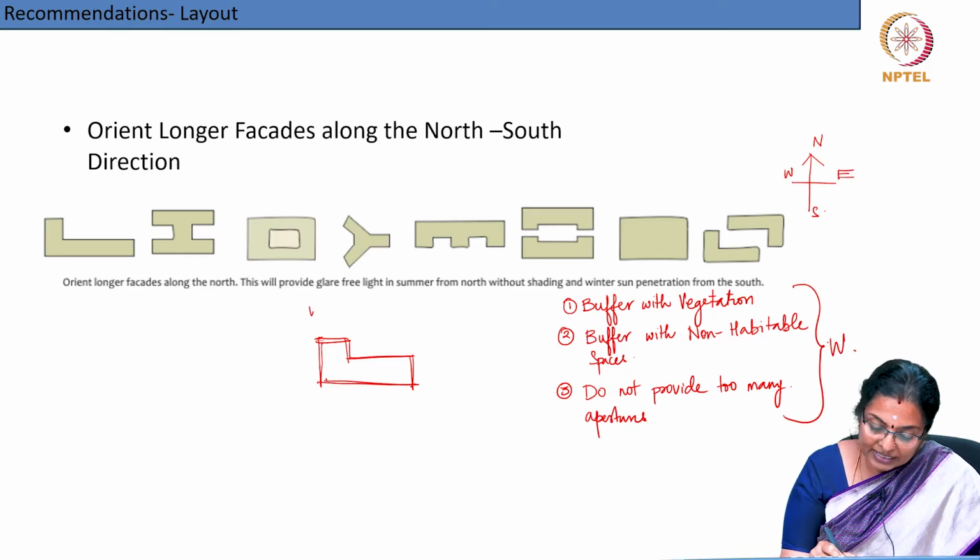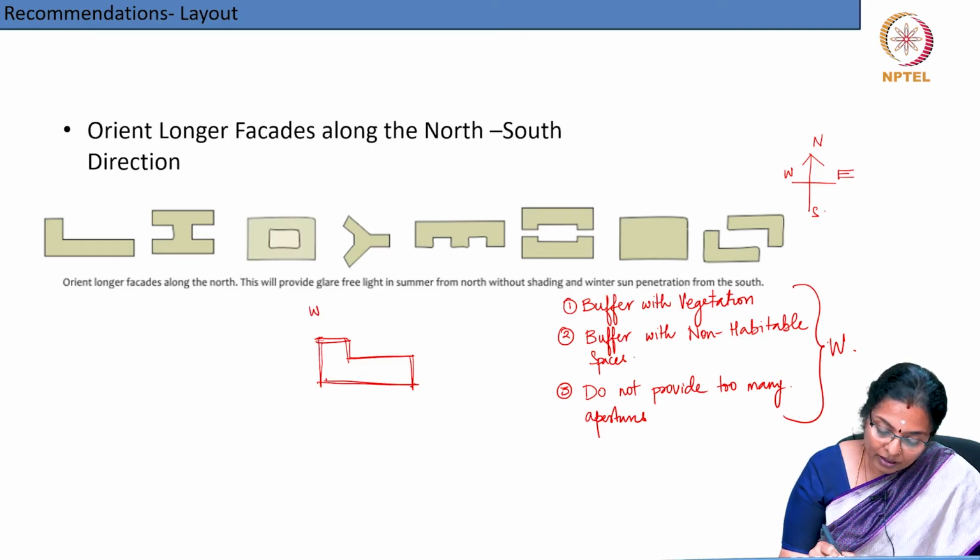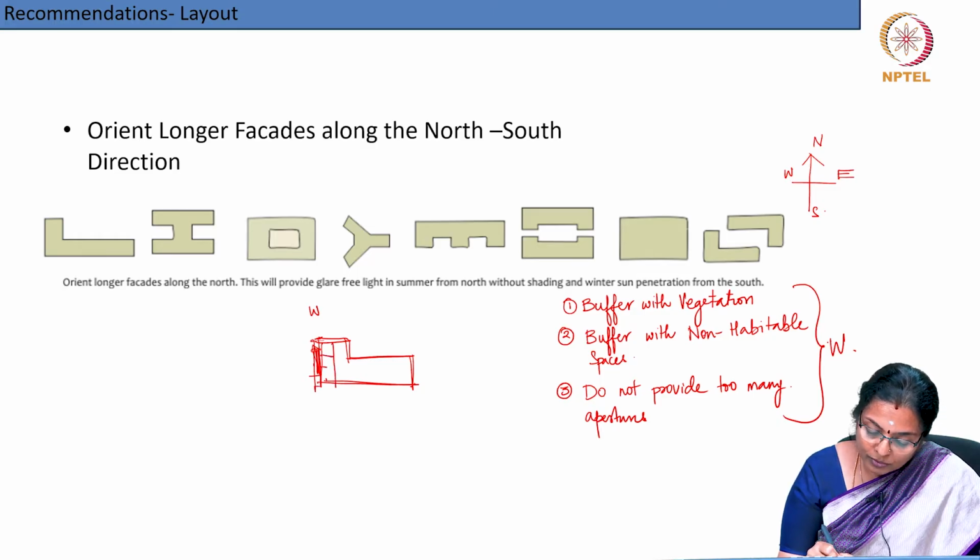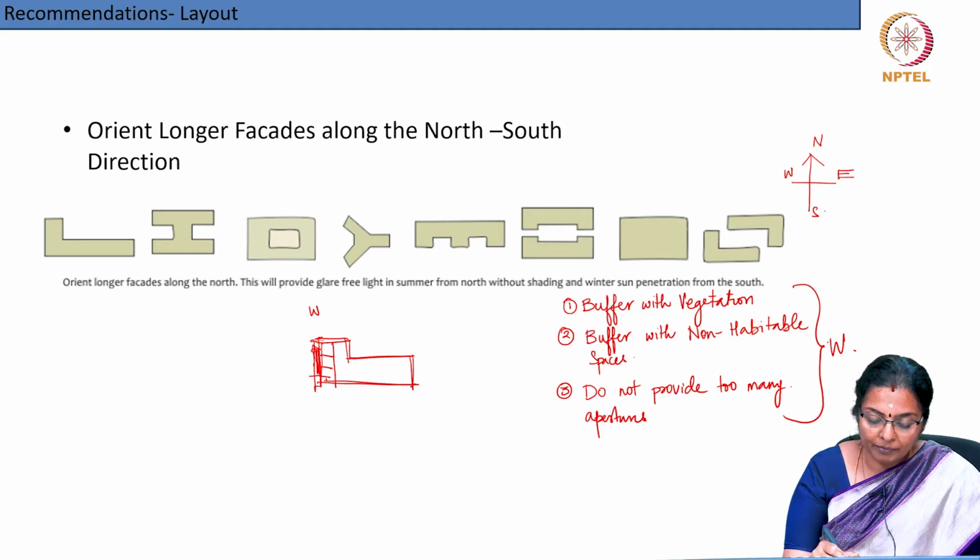So, on the west side, try not to have too many openings. You try to avoid openings here and try to create rooms that are non-habitable and try to buffer this space with some kind of vegetation.